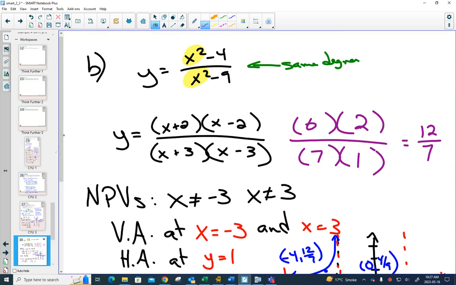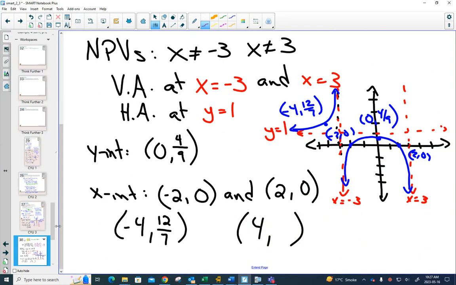Can you see if you plugged in a 4 or a -4 with an x squared where it is, it wouldn't make a difference. If you square -4, you square +4, it'll be 16 no matter what. So we get 12 over 7 again. You can label that point over here at (4, 12/7). And we have enough for that part of the graph.